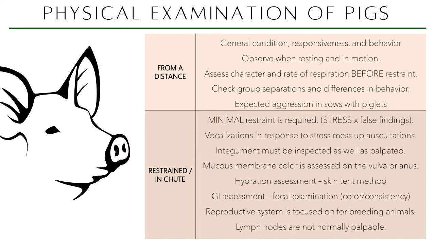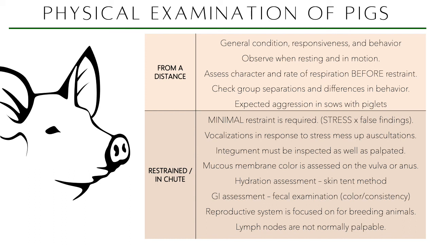The integument is one thing that actually points you to a certain disease. I know you know that. Not just because of greasy pig disease or diamond skin disease. There's a lot of conditions that actually have a skin manifestation pathologically. Where do we assess mucous membrane colors of pigs? On the vulva or anus? Hydration assessment, the skin tent method is not quite done.